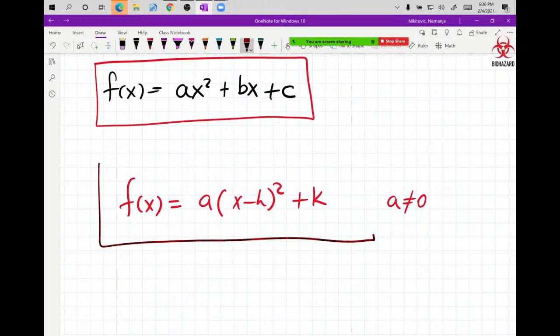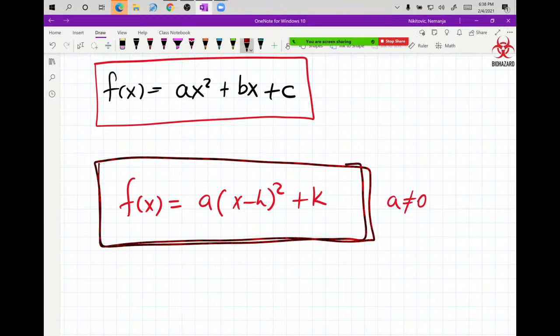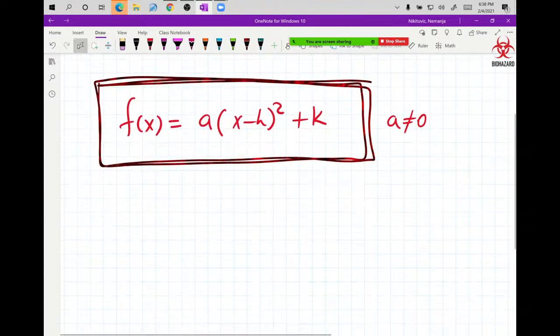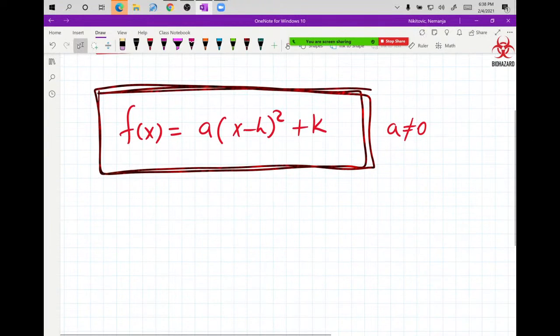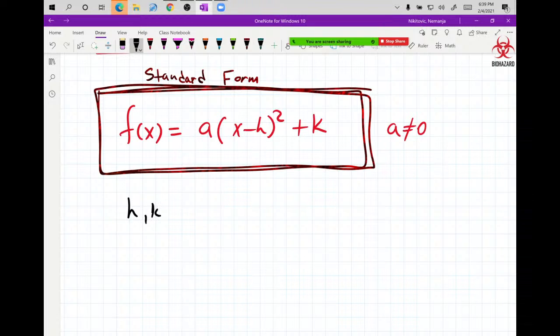And let's put a frame on it and take a look at some of these features. This is known as the standard form. Some of these features: h comma k, if you put that as a point, will be called the vertex.